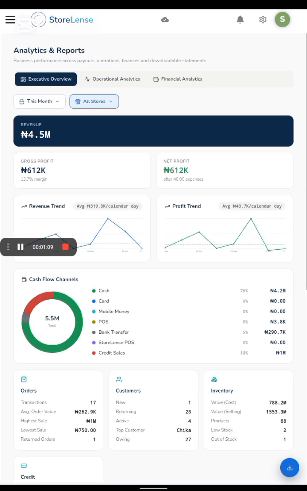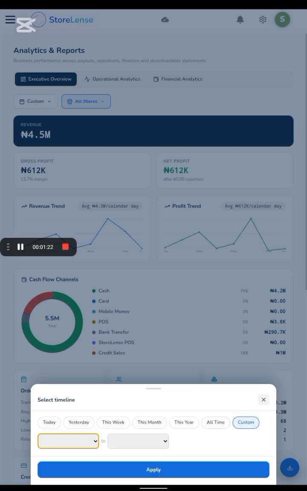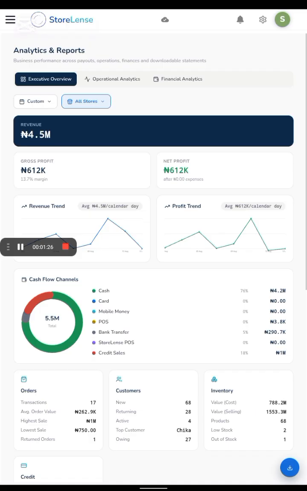Again, you can choose the duration of time you want to check, whether by week, month, year, or custom. You can click on custom and choose the period of time you want to check.